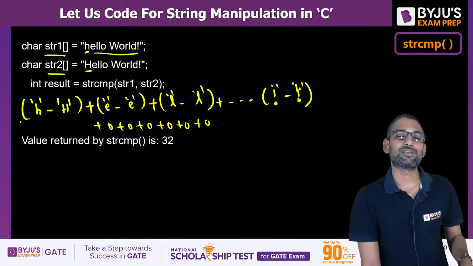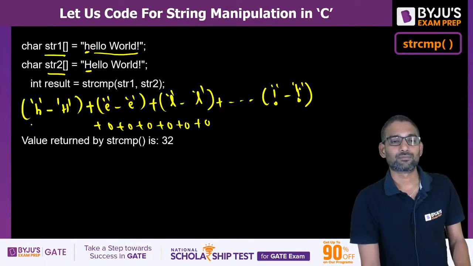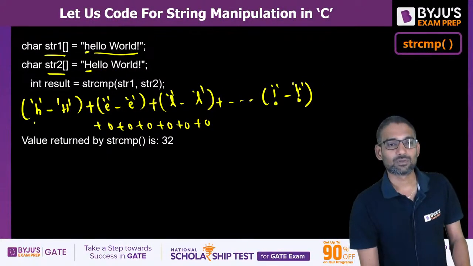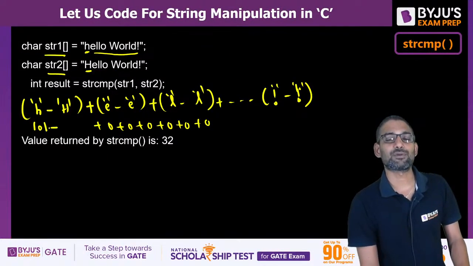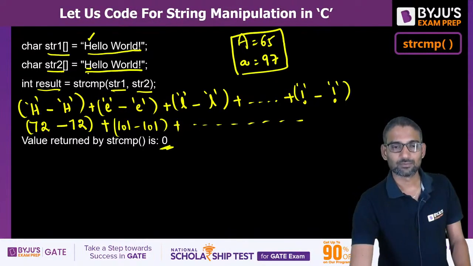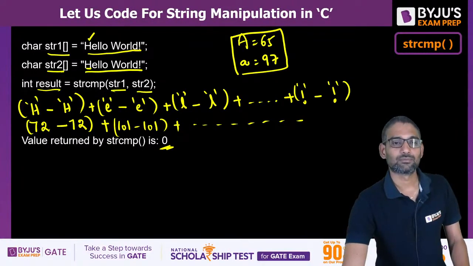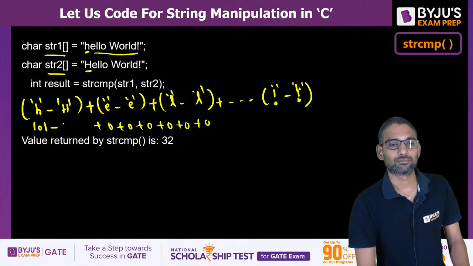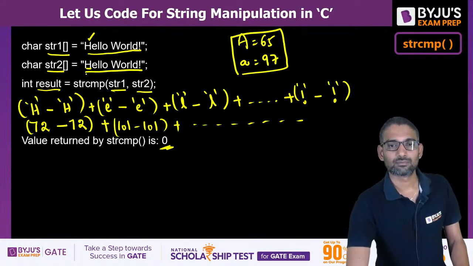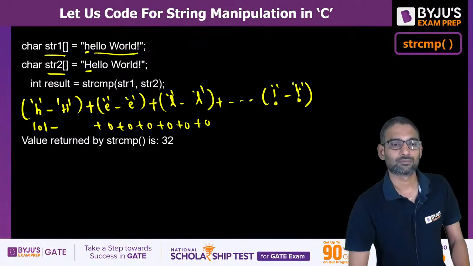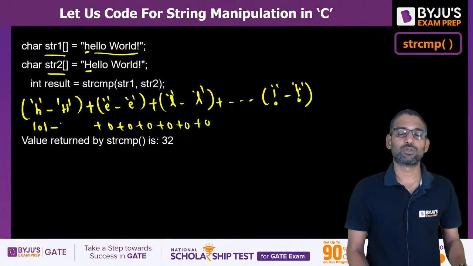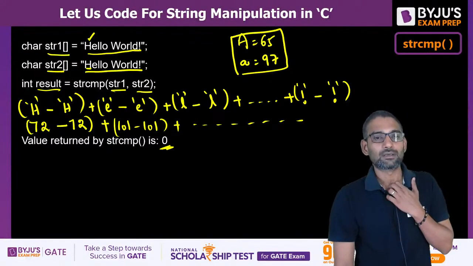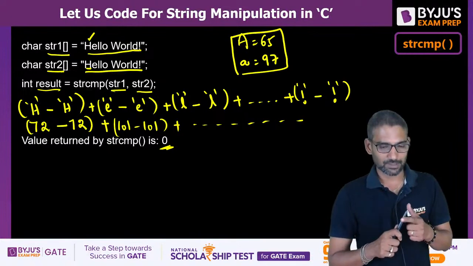And what is the small h ASCII value? Just now we have done, which is 101. So 101 minus capital H ASCII value, 72. Only? No. This is capital H 65, 67.